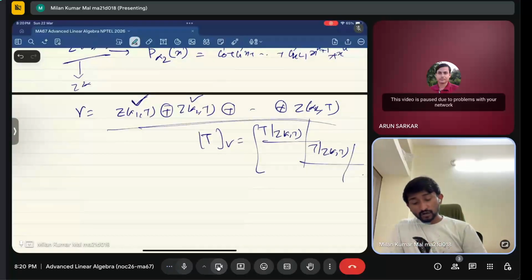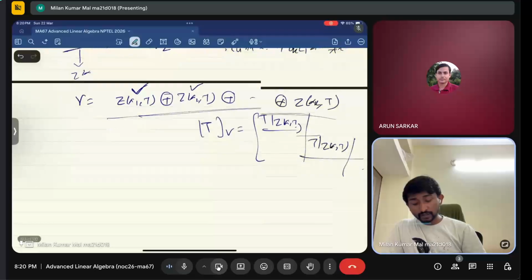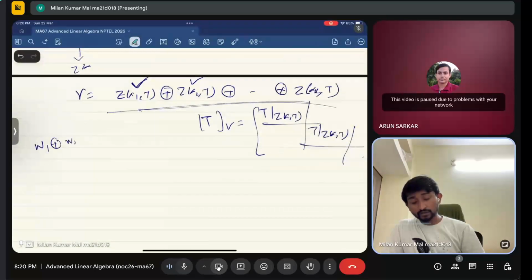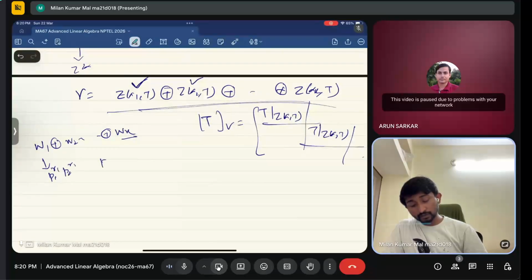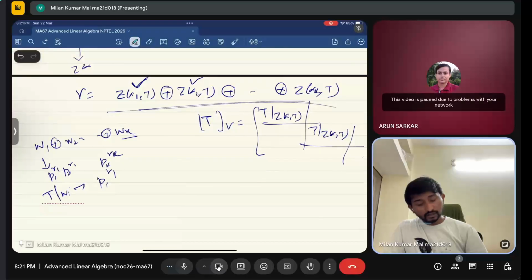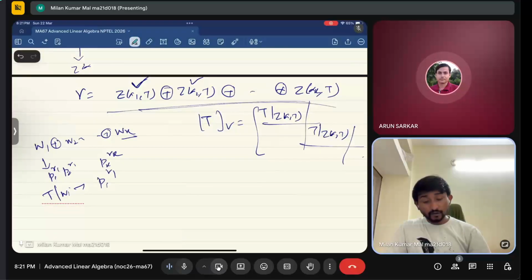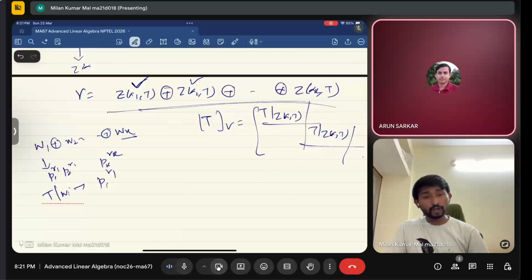Now let's recall. We have the primary decomposition theorem, W1 direct sum W2 plus up to Wk, right? Corresponding to the minimal polynomials P1 to the power R1, P2 to the power R2, up to Pk to the power Rk, where the Ti are restricted to Wi, and the minimal polynomial corresponds to Pi to the power Ri. Now, this cyclic decomposition theorem I started with an irreducible monic polynomial.